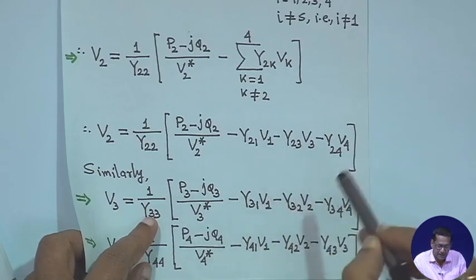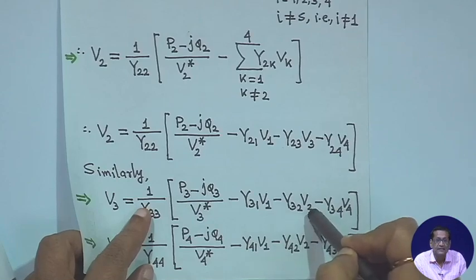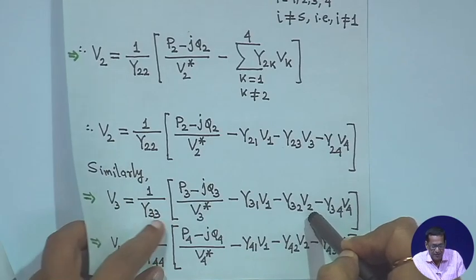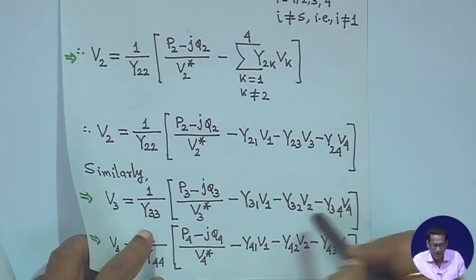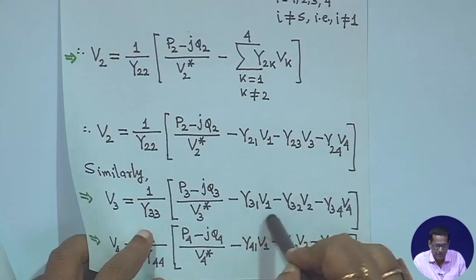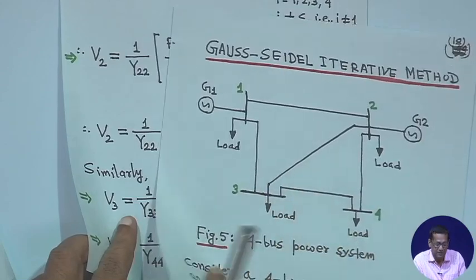Do not take the initial value of V2 here, put this value directly, but for V4 you have to take the initial value, because V4 is not computed yet. And this equation is also independent of V3, because of our line connectivity.